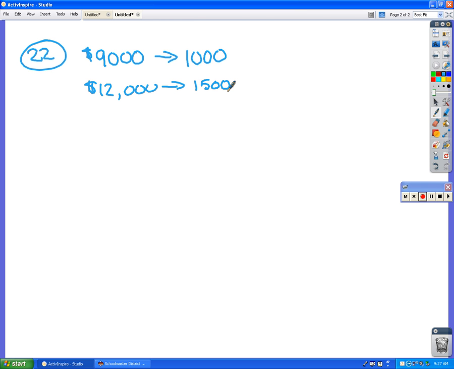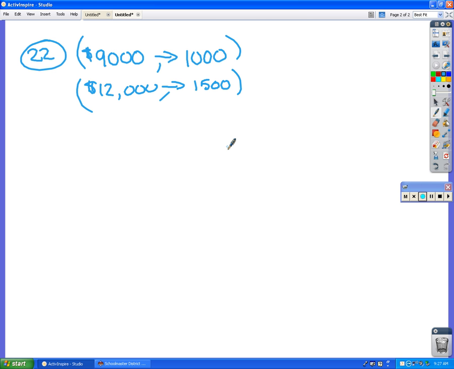Express the cost as a function of the number of toaster ovens produced, assuming that it is linear, then sketch the graph. So basically what they have done for us here is they have given us 2 points. And we just need to find the equation in between those 2 points.